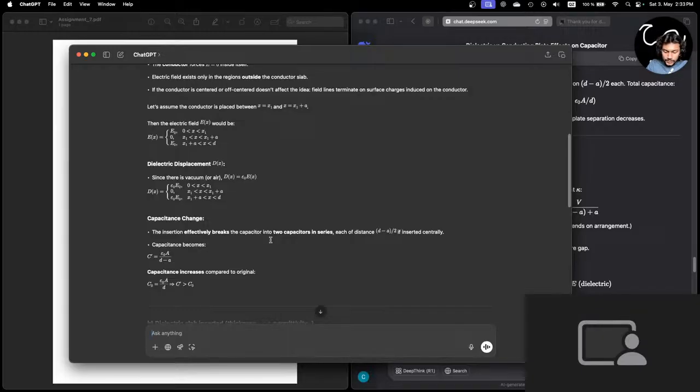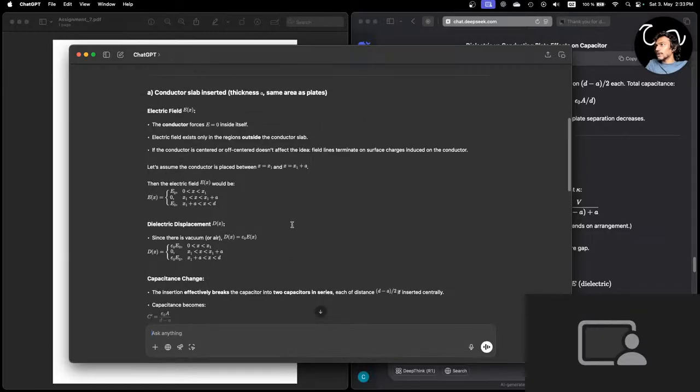So it's the second question to A. How do we start? There are two capacitor plates and a conductor of thickness a.